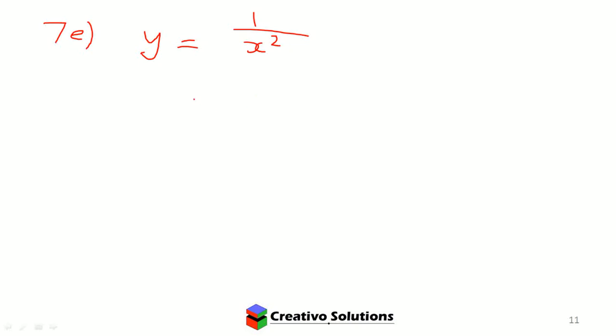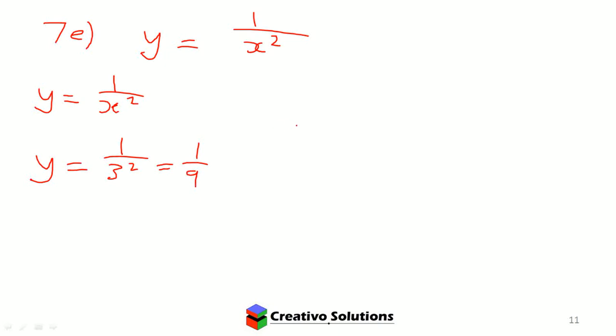So I'm going to choose an x value, and then I'm going to double it and see what we get. Let's use a bigger number, let's use 3. So y equals 1 over 3 squared, which is 1 over 9.